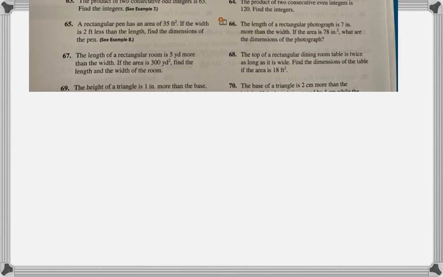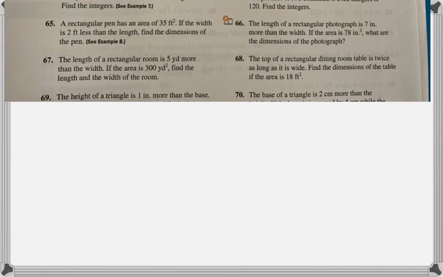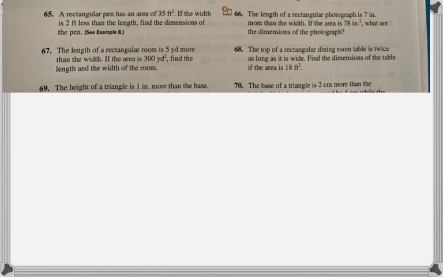Okay, for right now. Here we go. I want to look at number 65 on page 363. I'm almost guaranteeing that you know the answer without doing an equation. But that's not the point. You have to come up with an equation.